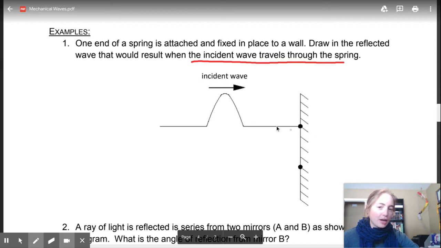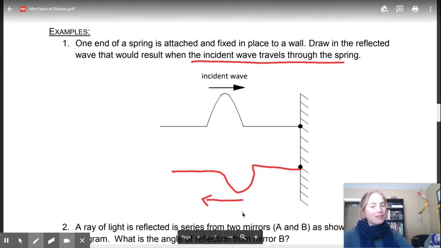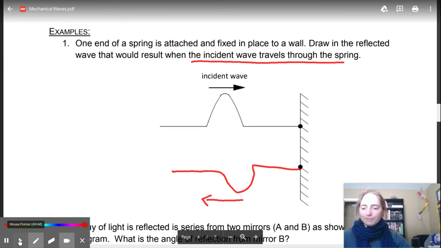It is coming in exactly at an angle in line with the normal. It will then bounce off of the wall and come reflected back, looking like this, going that way. So if it's coming in at 180, the wave is going out at 180. You have to excuse my drawing. That is really messy. All right, that's all there is for that first one.